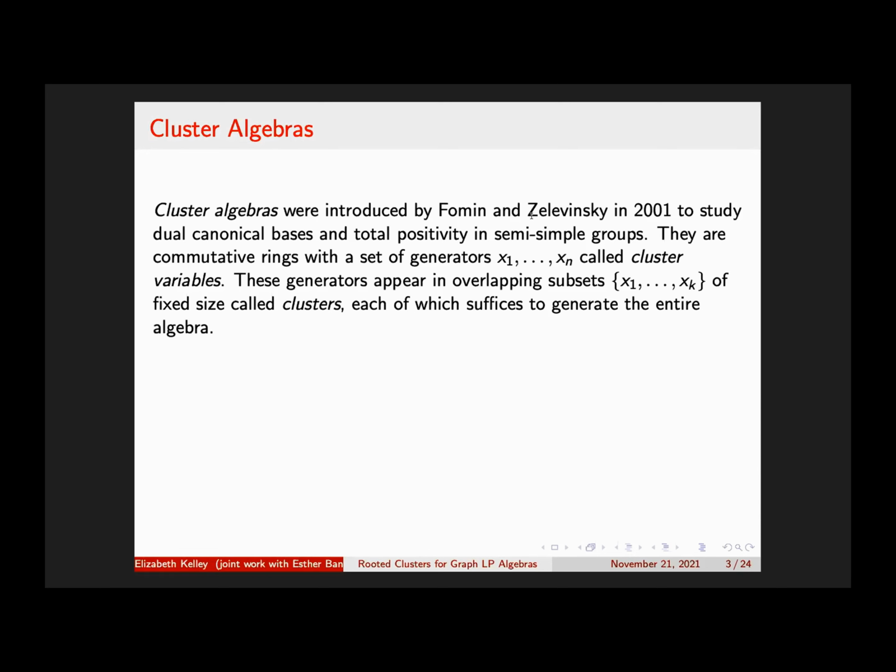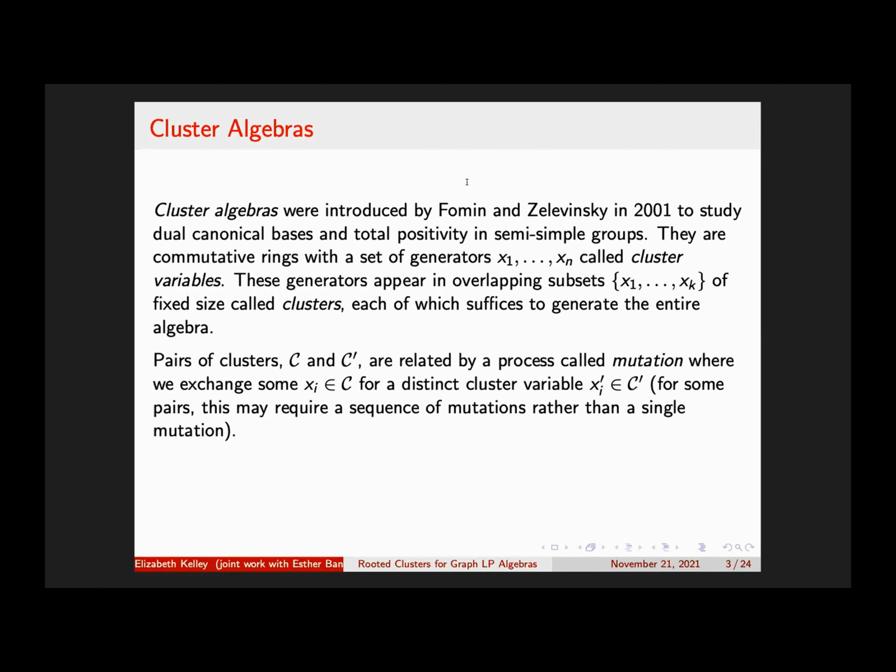And each cluster is sufficient to generate the entire algebra. So this is one of the hallmark structural characteristics of a cluster algebra, that I don't need to tell you the entire set of generators. I can tell you a specific size subset of the generators, and you can tell me the rest of the algebra. And so there's a relation between different pairs of clusters.